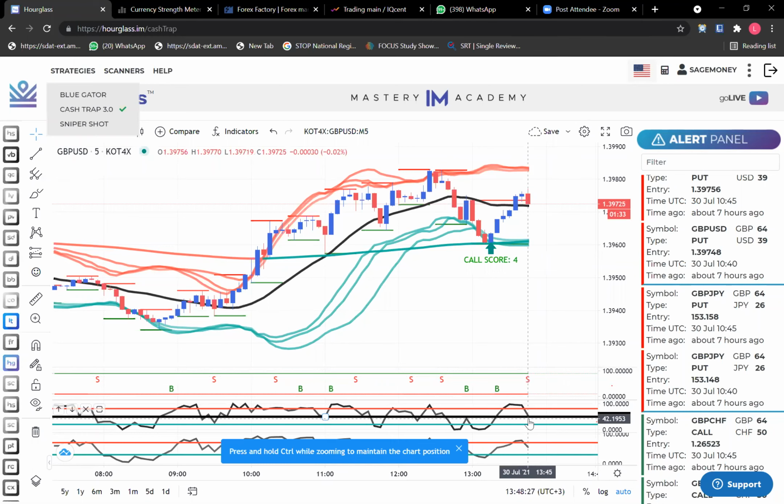Now this middle line, I drew it myself. It doesn't come with it, but I personally do things that I know will help me. Everything that is below this middle line, you're looking for buys. Do you understand? So sometimes price may not get up to this red line before it crosses down. It may cross up from this middle point and cross down for a sell.